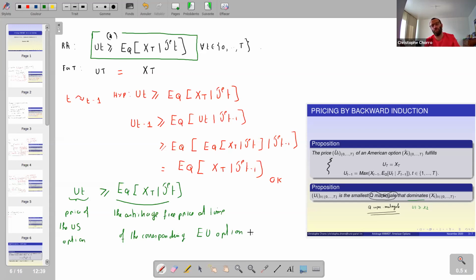So what we have proved here mathematically is just the fact that the price of an American option is greater than the price of the corresponding European option.